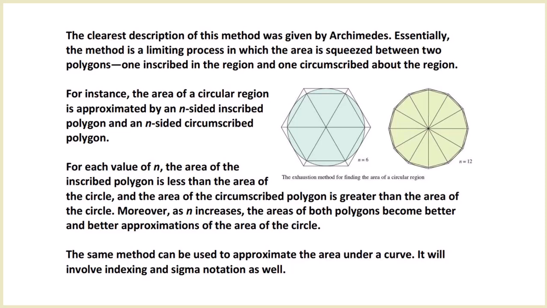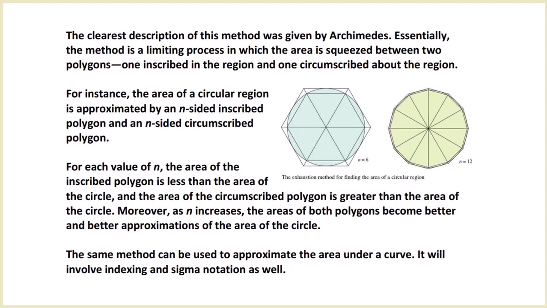If you go back all the way to Archimedes, who was a pretty heavy hitter in his own right, what they tried to do to get the area of a circle before they figured out the pi r squared thing was inscribe a polygon inside the circle and then circumscribe a polygon outside the circle.